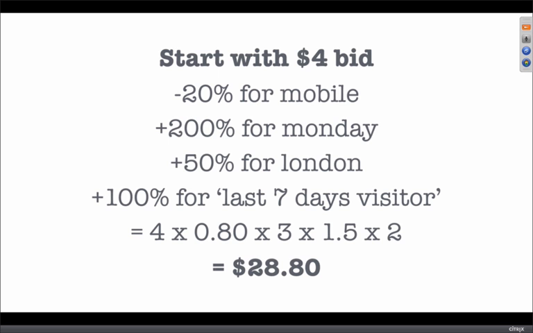Google's going to say, all right, clearly you're not quite realizing how many bid modifiers you've got, and the maximum modification that can be made to any individual bid is plus 900%, i.e. a $4 bid can't go any higher than $40. It's still pretty different from where you started, but at least there is a fail-safe in place. But very important to understand how these bid modifiers work together.